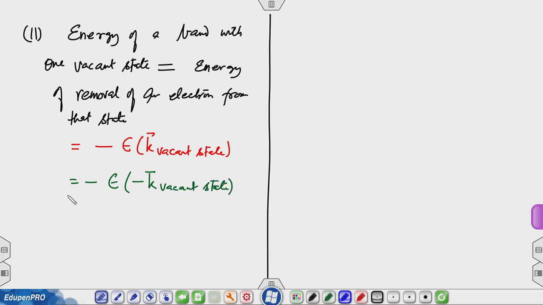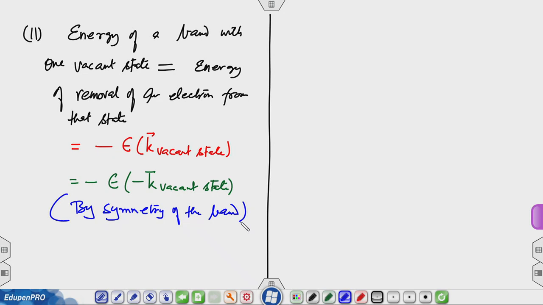Why? This is by symmetry of the band. I am using the symmetry, and I am assuming by now you have seen enough pictures and you know that it is symmetric with respect to k and minus k.